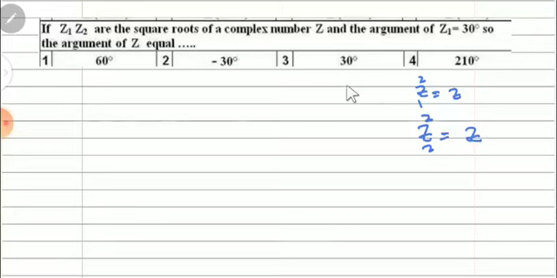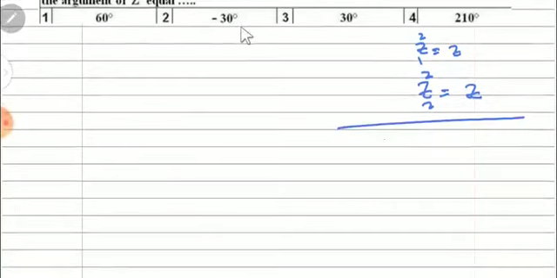Do you understand? So, for example, before solving our question, if Z1 equals 2 and 50, this is the first square root of Z, and I want to find Z. It's easy, just square this.